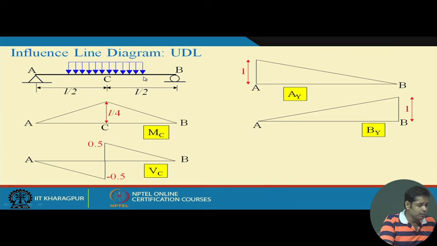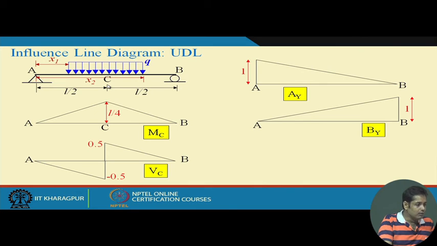Suppose the intensity of this distributed load is q, and it starts at a distance x1 and ends here, at a distance x2. So the load is between x1 and x2. x1 varies from 0 to L and x2 varies from 0 to L. When x1 is equal to 0 and x2 is equal to L, it means the distributed load is on the entire structure.